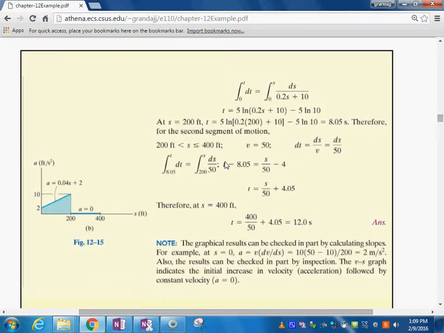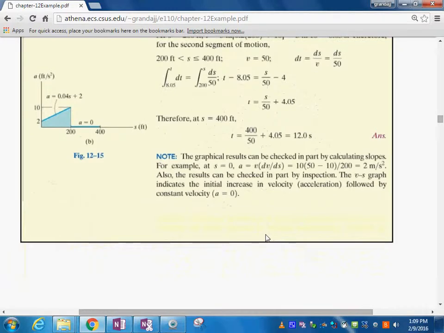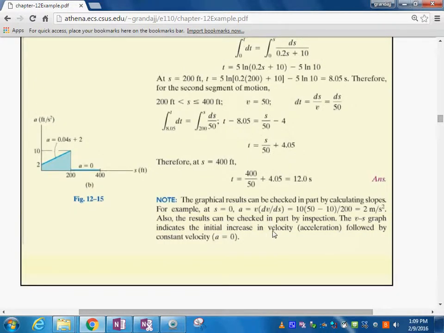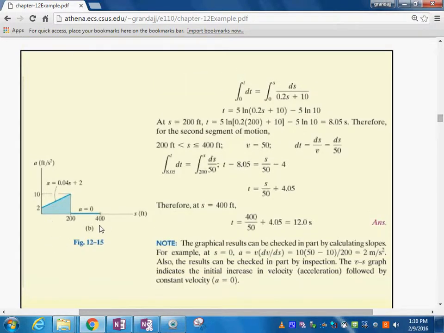So in here you can check the results by calculating the slopes. So for example, from s equals 0, a is v dv/ds, so equals 10 times (50 minus 10) divided by 200, it would be 2 meters per second squared.